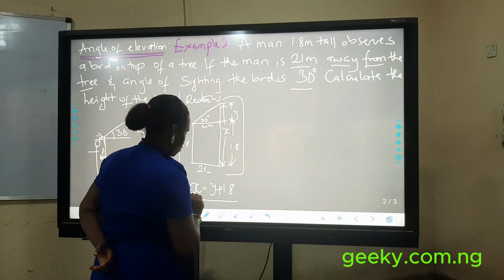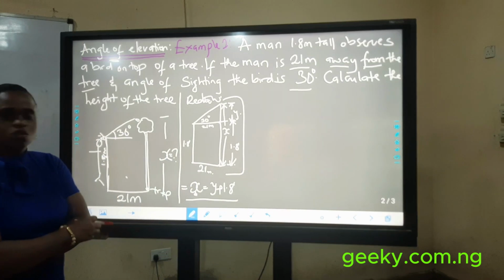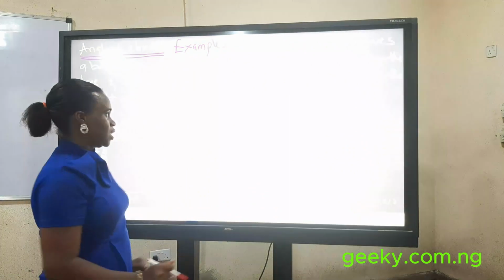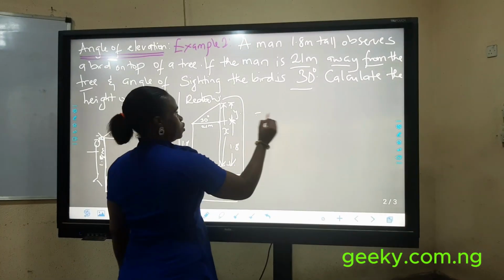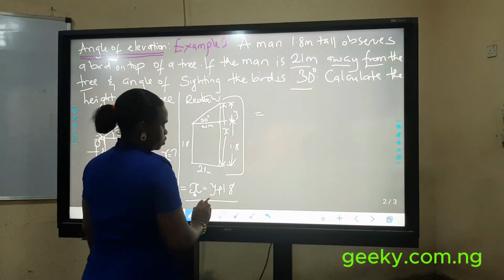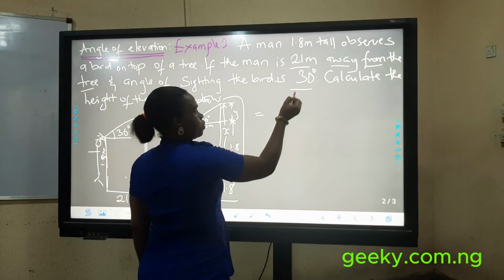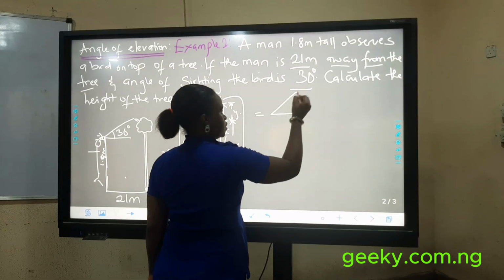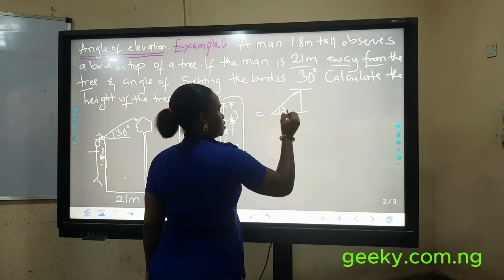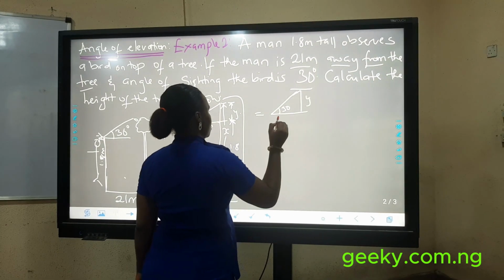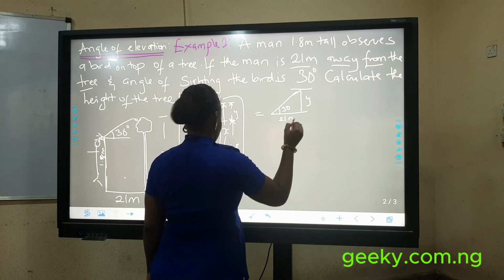And this is what we're looking for, x. So what we are looking for now is once we find y, we're able to solve the equation. So we have 30 degrees, we have y, we have 21 meters.